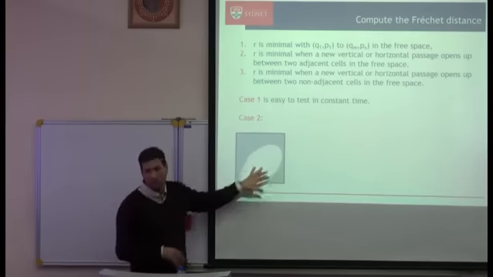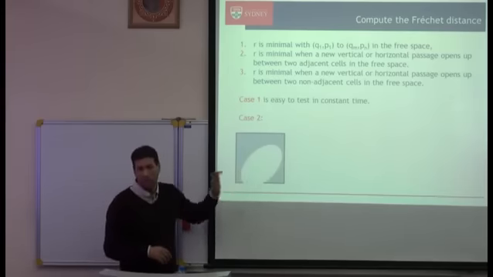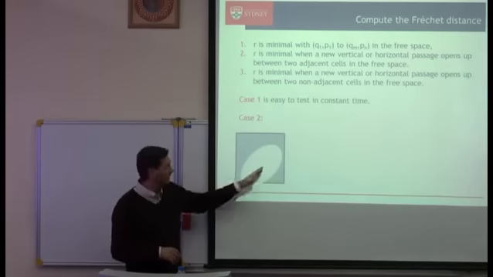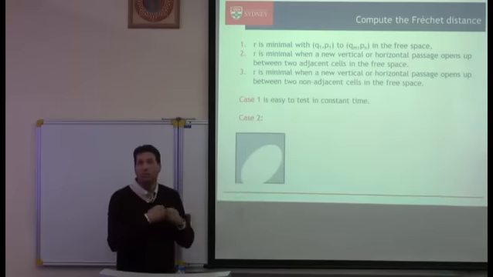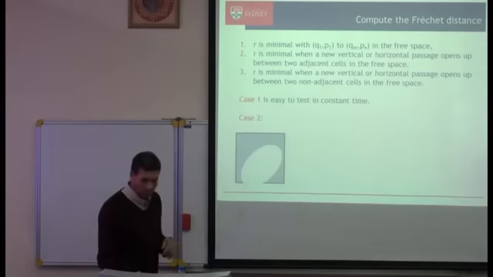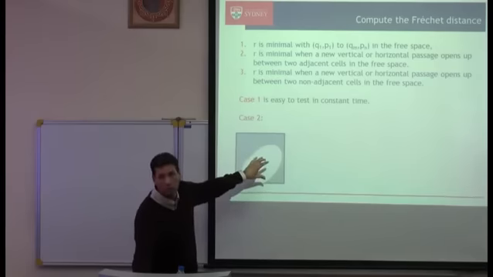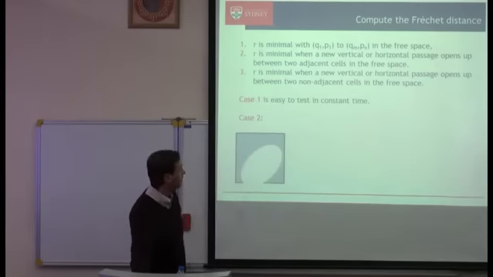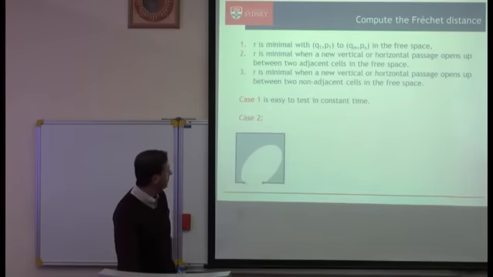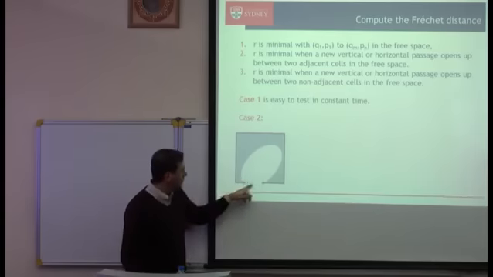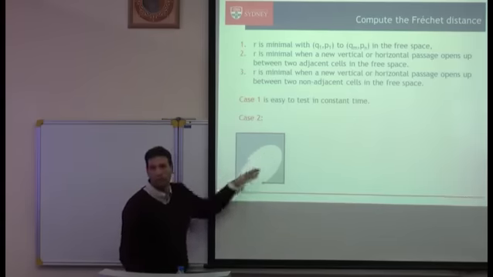So here we have a radius r. We guess a radius r, and now say we start to grow r. What will happen is that this free space, white space, will start to grow. We might have critical points here, but then we can't go anywhere.